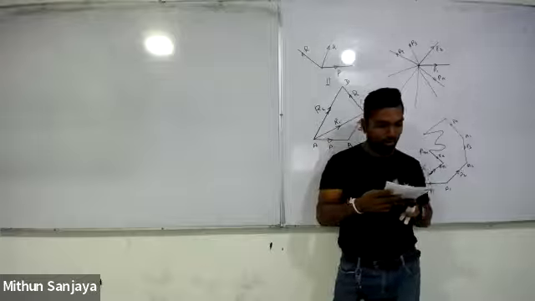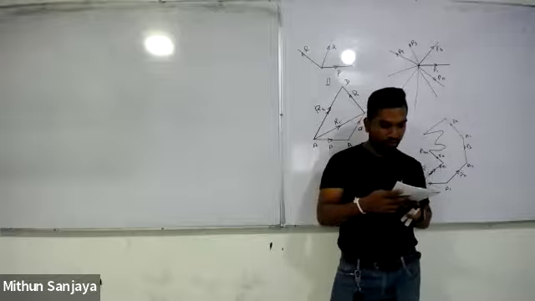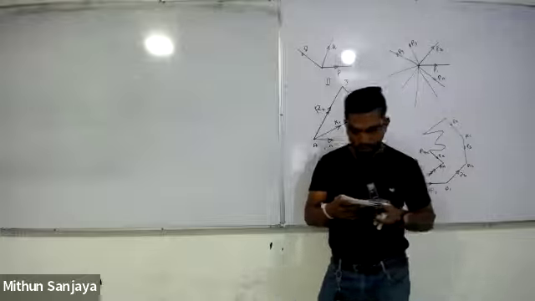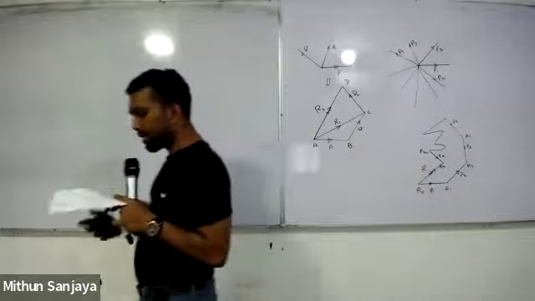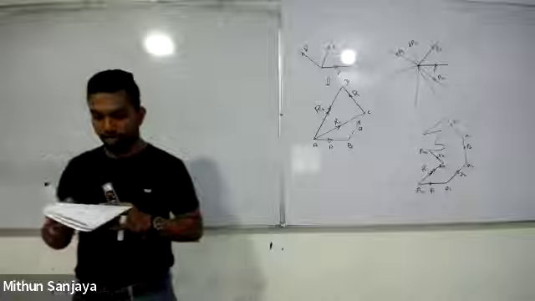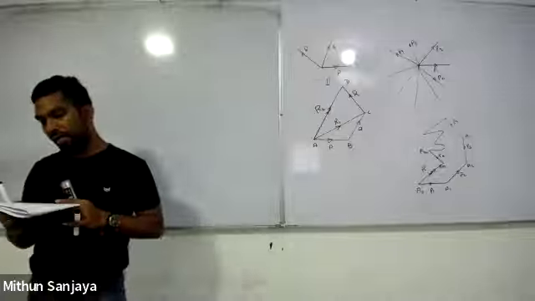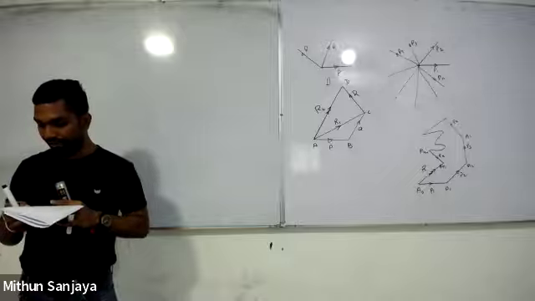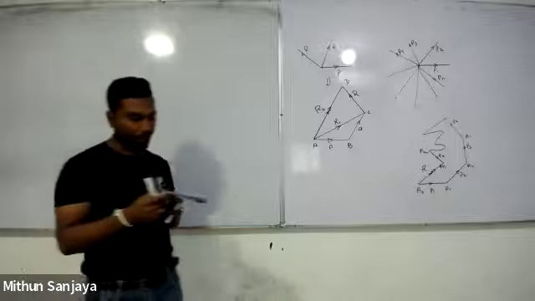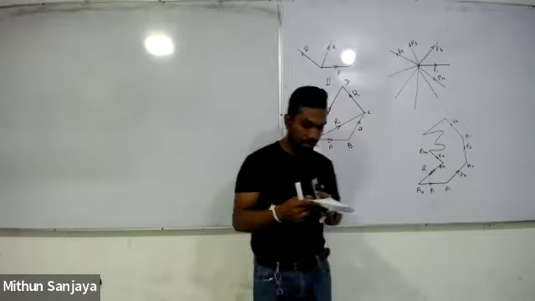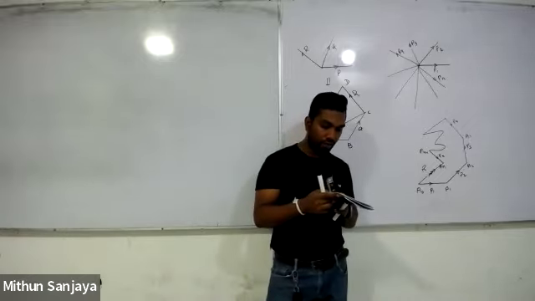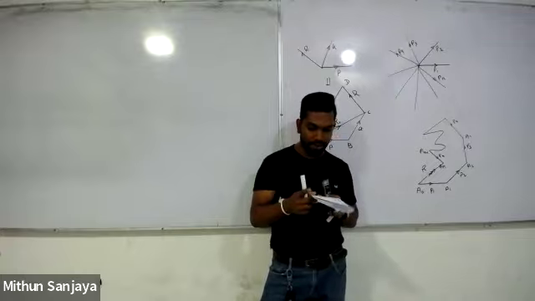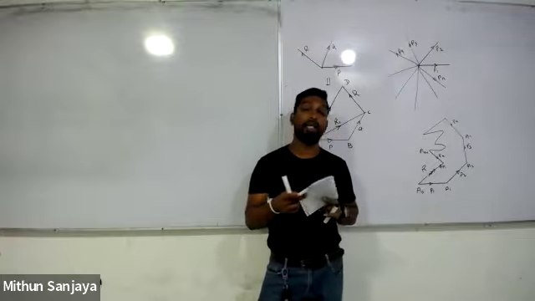According to the parallelogram law of forces, if two forces are represented in magnitude and direction by the two adjacent sides of a parallelogram, the resultant of the two forces will be represented in magnitude and direction by the diagonal through the point where the two forces meet. Hence, to find two forces equivalent to a given force, a parallelogram should be drawn with the line segment representing the given force as a diagonal.